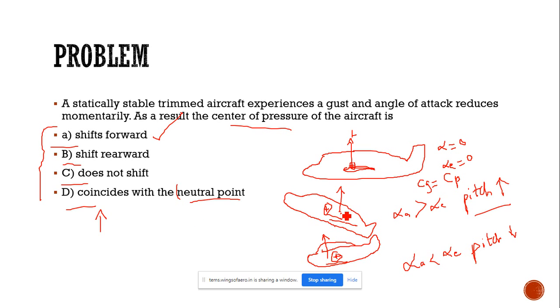We know the pressure is distributed all over the surface of the airfoil and the airplane. Center of pressure is the point at which the net moment because of the pressure distribution is equal to zero. The moment is due to the pressure distributed over the surface of the aerofoil or the whole plane.